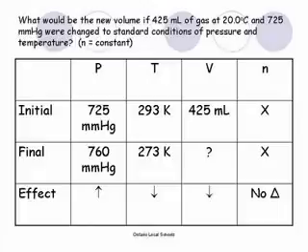Our happy congruence here is that an increase in pressure predicts a decrease in volume, and a decrease in temperature also predicts a decrease in volume. So we can easily just put a downward arrow in the volume box, knowing that both of these will act to decrease the volume. You may at some point see a problem where, let's say, your pressure increases, which would predict a decrease in volume, but your temperature increases, which would predict an increase in volume.